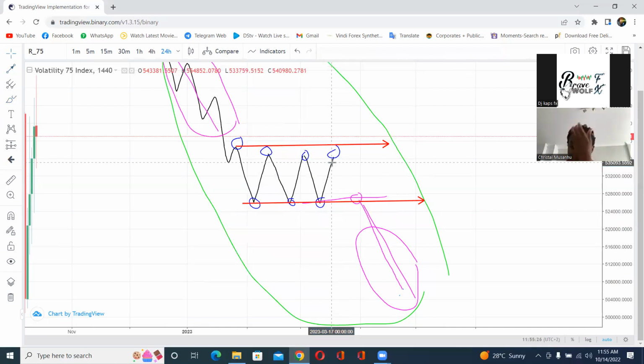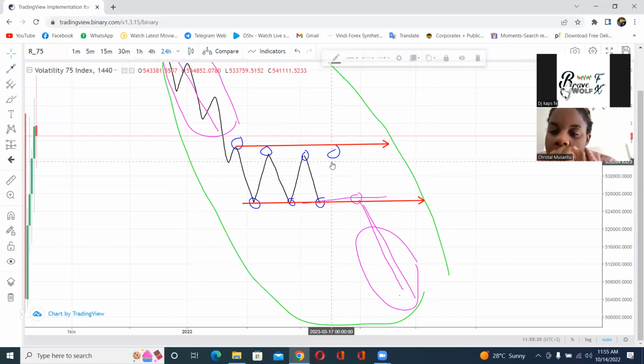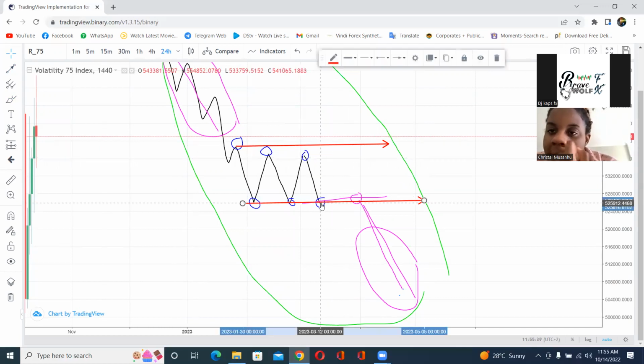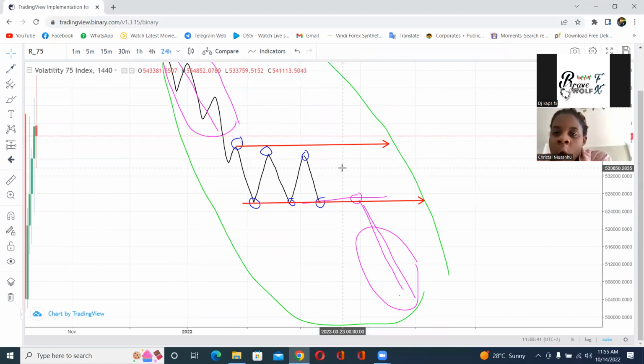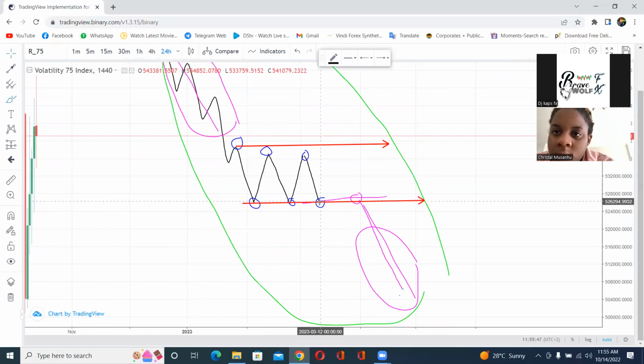Let me delete it. Maybe this candle or this trend is not visible. It means by that time you are currently on the support. You're about to buy. You're going to do a confirmation. It's just opposite, you understand? You're going to do a confirmation and say, now the market has left the support a little bit.